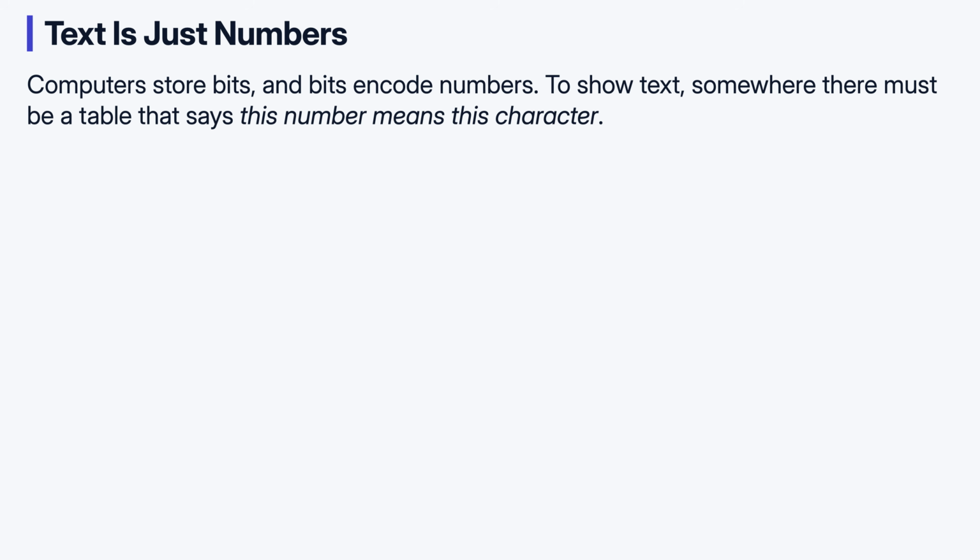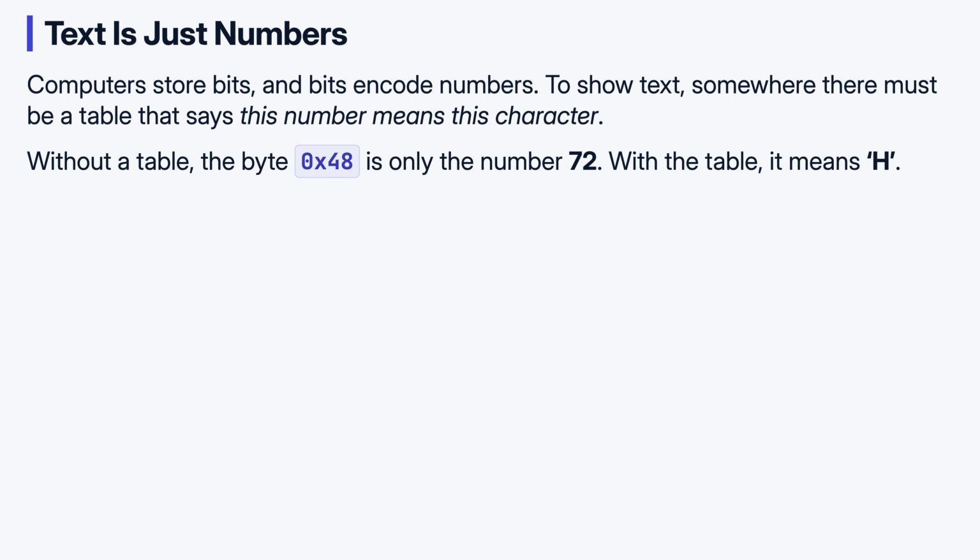Let us start with ASCII, the standard that became the dominant early way to store computer text. Computers store bits, and bits encode numbers. But to show text, somewhere there must be a table that says this number means this character. Without such a table, the byte hex 48 is only the number 72.